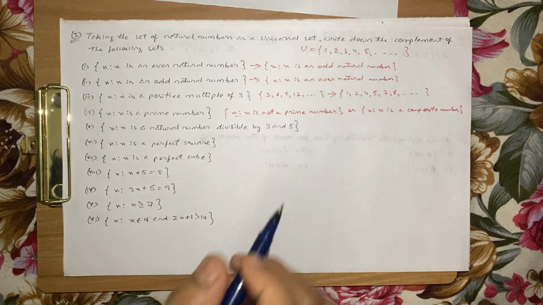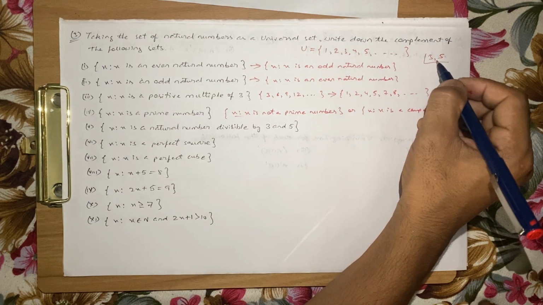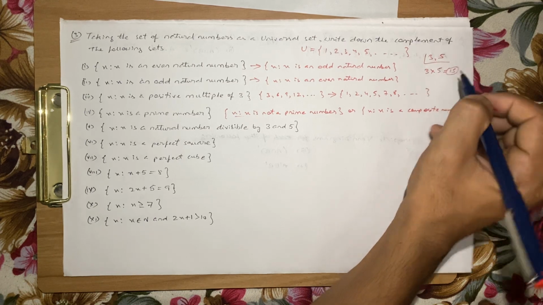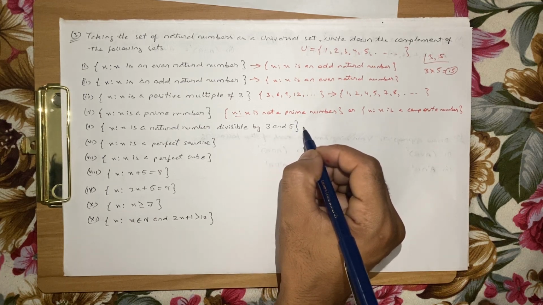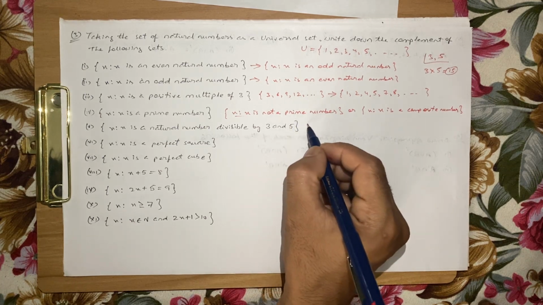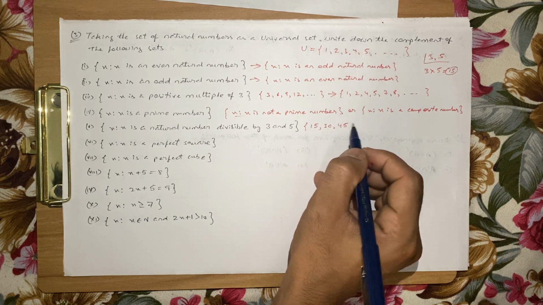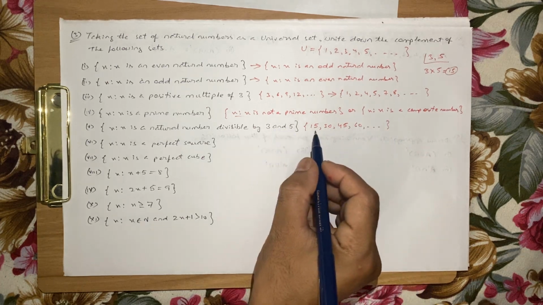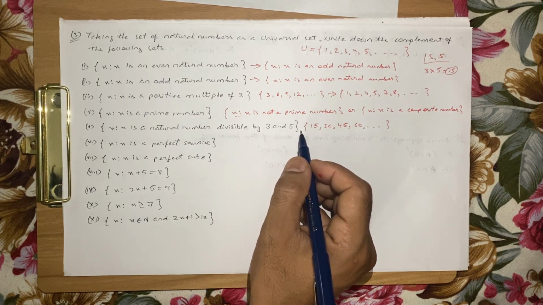If you know how to find LCM, 3 comma 5, it's not divisible by any of those, so I'll just do 3 into 5, that is 15. The 15 is the smallest number that is divisible by 3 as well as by 5, right? So the elements of this set are 15, then 30, then 45, then 60, and it will go on. So these are all the numbers that are divisible by 3 as well as by 5.